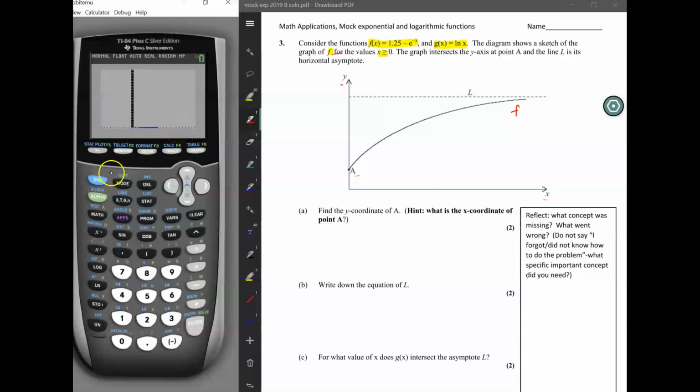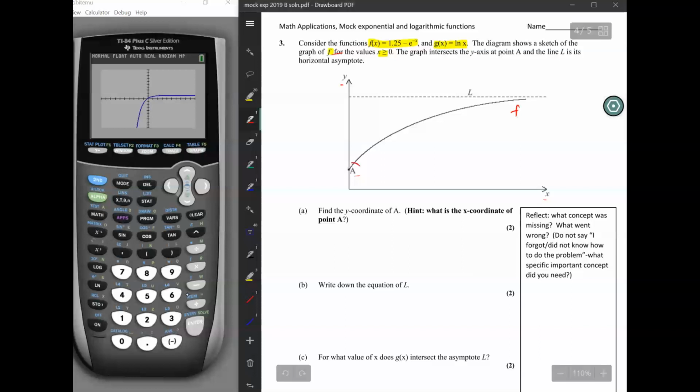Okay, so I am going to go to Zoom Standard, which is option 6. And then now it's going to look more like this drawing here, except this picture graphs even the negative x values, and this one doesn't.